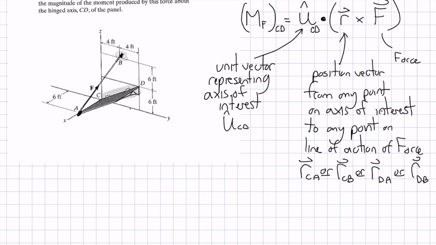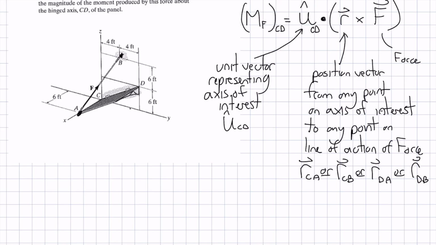There's four possible ones you could use, because as long as you start with a point on your axis of interest along C to D, to any point on your line of action of the force, A or B, that gives you four combinations to work out. Now, I will be honest, there's usually one that's easier to work with than all the others.